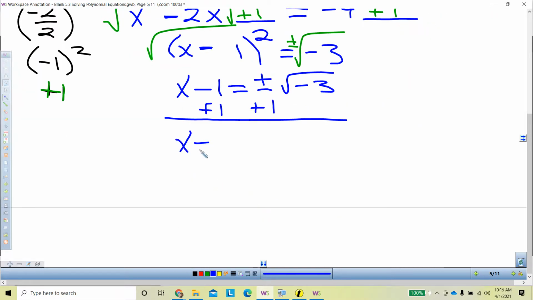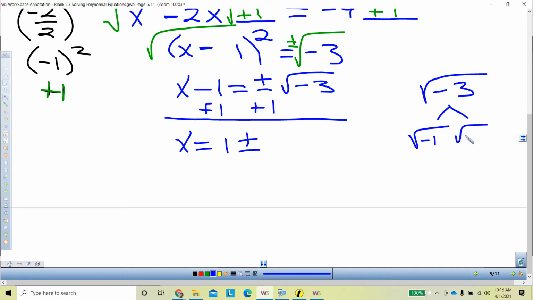So we get x equals 1 plus or minus. I got to simplify square root of negative 3. So again, I'm going off to the side. Square root of negative 1, square root of 3, i square root of 3. That's where this section kills you guys. Because it's like, I thought I was good, and then you got to do one other little thing off to the side, and that's when you start to think bad things about me.